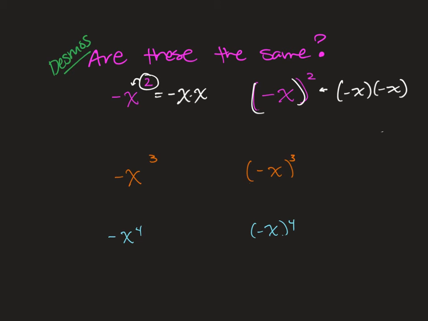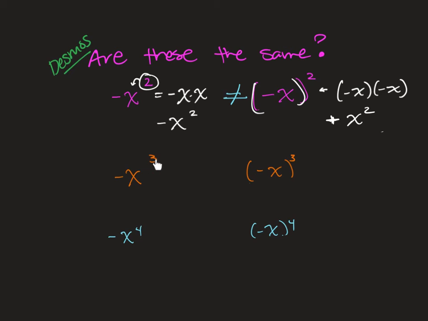What's really important is that I have 2 factors of x here and 2 factors of x there, but here I have 1 negative and here I have 2 negatives. So this graph is negative x squared, and this graph is positive x squared, because those 2 negatives multiplied together make a positive. And so these are not the same graph.